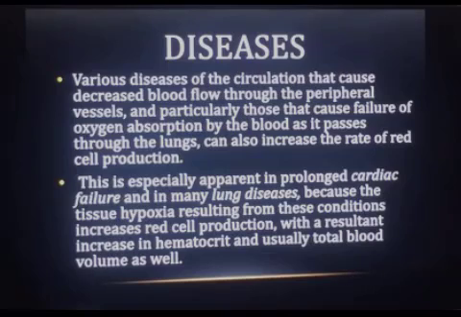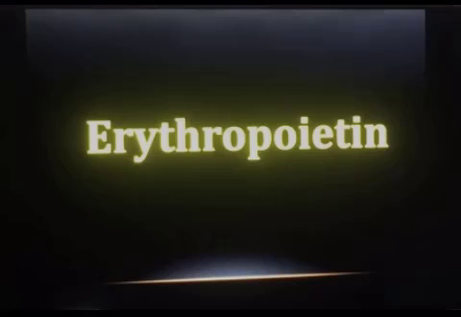In both these conditions, on one side the oxygen absorption is decreased, and on the other side the transportation of oxygen by the blood is decreased, because the heart pumps the blood with low velocity. So the tissue oxygenation is decreased, and this decrease causes production of RBCs.